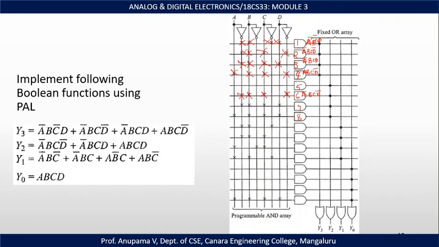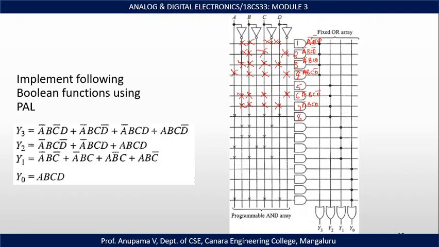The next term is A bar, B, C, D. Draw X against A bar, B, C, D of AND gate 7. The output of AND gate 7 is A bar, B, C, D, which is the input for Y2. Now the next term is ABCD.